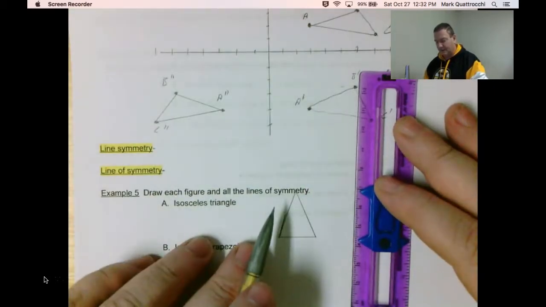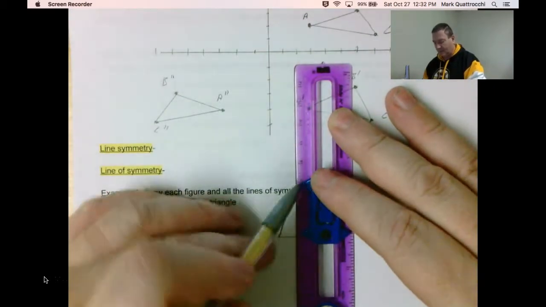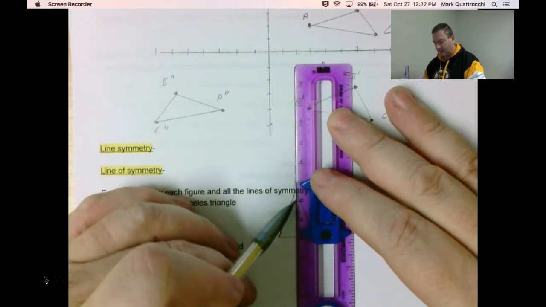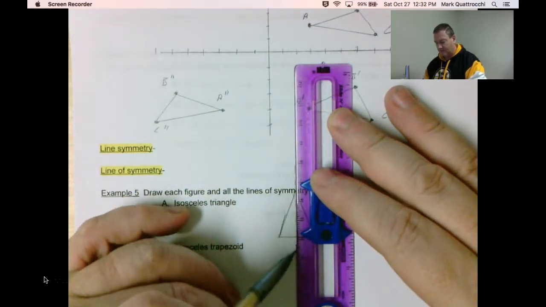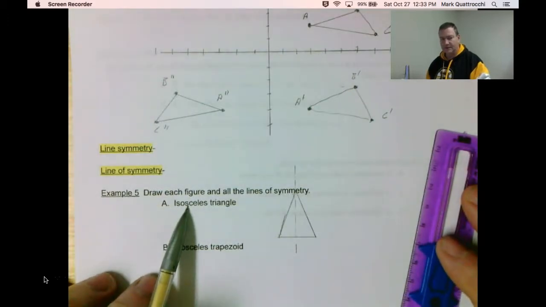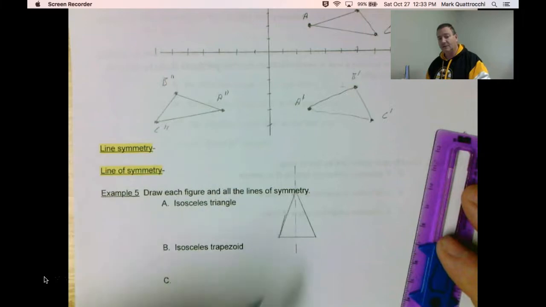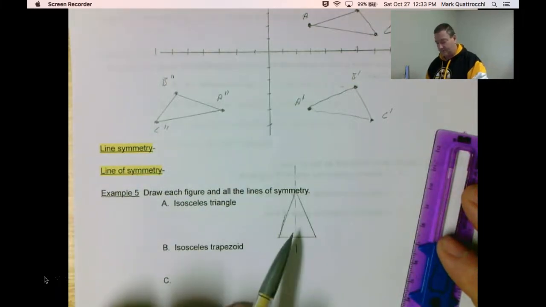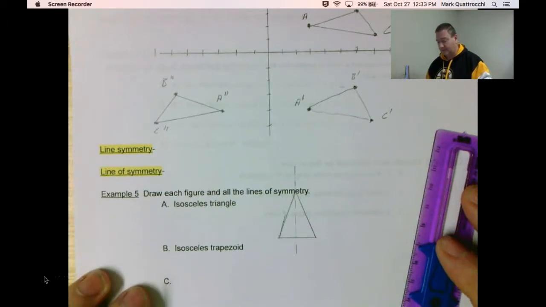We're going to draw all the lines of symmetry. There's only one. Now in the answer key it shows 3. That's because when I originally created this problem I had this as an equilateral triangle. I've changed it to an isosceles triangle. So there's only one line of reflection.